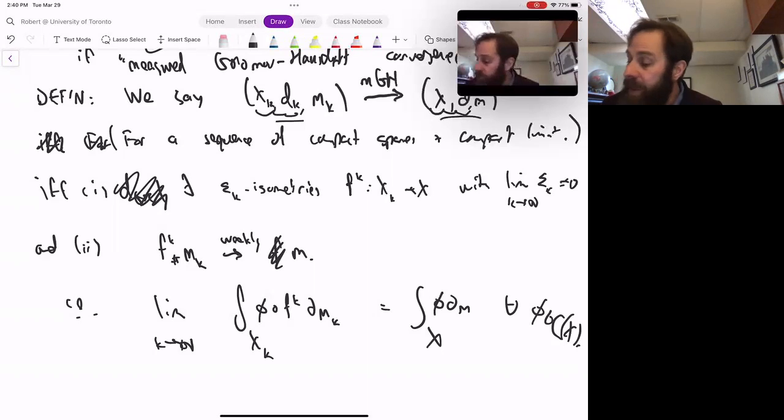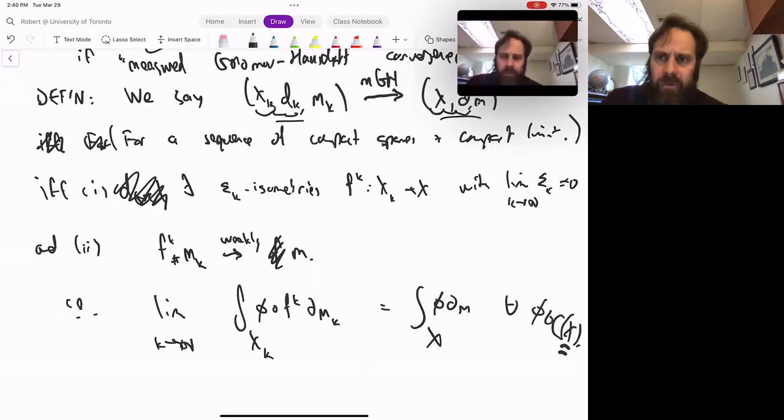That's what weak convergence means. Because the limiting space is compact, the continuous functions are automatically bounded.